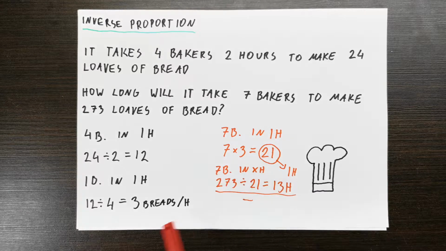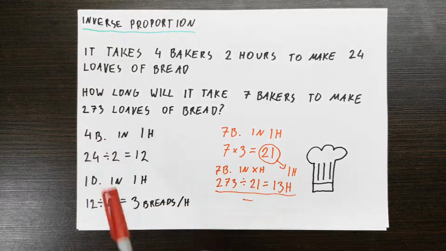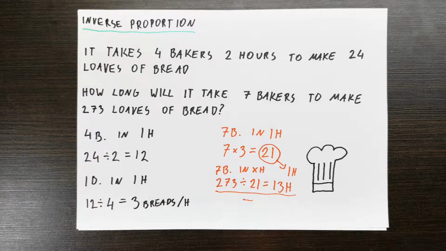So we just multiplied 7 times 3 breads per hour, giving us 21 breads per hour. And then we just divide the total required amount by 21 breads per hour to give us the final amount of hours it takes for 7 bakers to make 273 loaves of bread. That's it. That's how you do it.